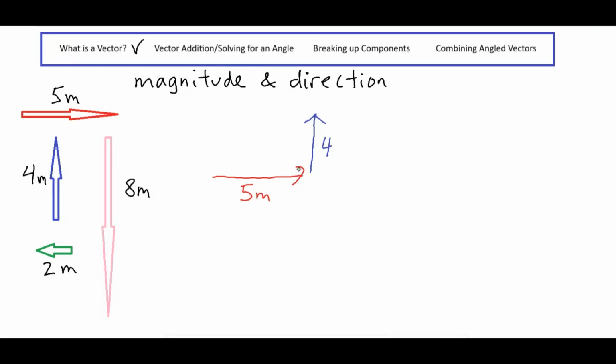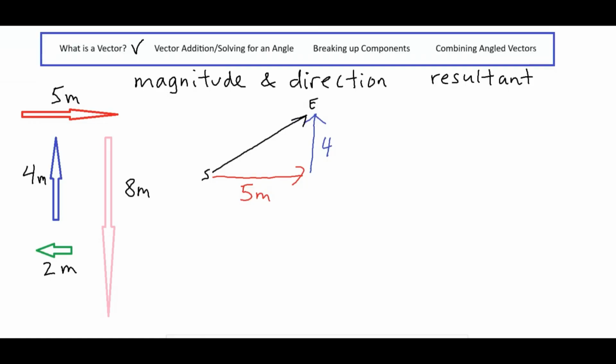Wherever the tip of one ends, the tail of the other one begins. And then from there, all you have to do is identify the starting point and the ending point, and you connect those 2 together, and you have something called a resultant vector. And the resultant is basically the solution after summing up all your vectors together.